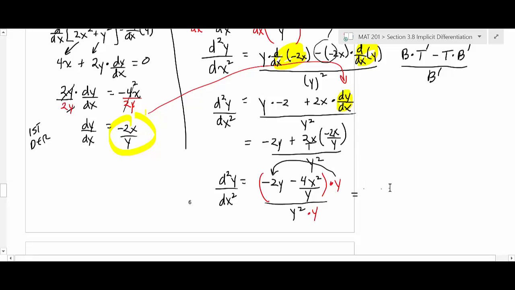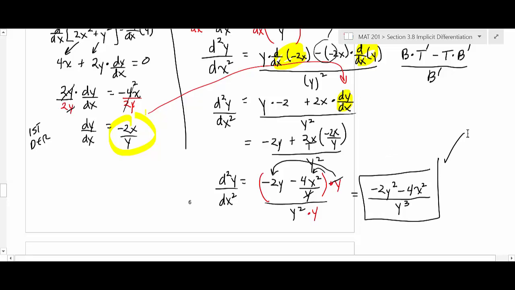That's going to be negative 2y to the second. Then the second thing, when you distribute, the y's are going to cross out, leaving minus 4x to the second. And then that's going to be now over y to the third. So that would be the preferred answer. Like that. That's a pretty fun problem, isn't it?